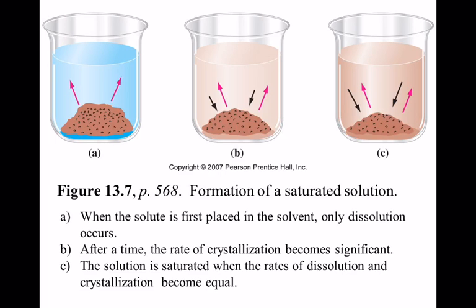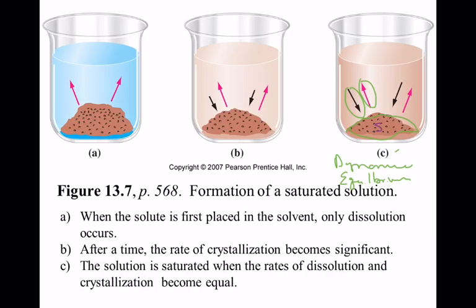The difference between the middle one and the end one, of course, is the length of these two arrows. Notice that we have precipitation, that's the black one, and then we have dissolving, that's the pink one. What I think is so cool about this is that we use the word dynamic a lot. Dynamic just means it's never stopping. This is an example of a dynamic equilibrium. That's to say that what's a solid now may not always be a solid.